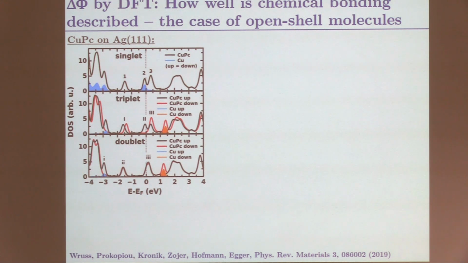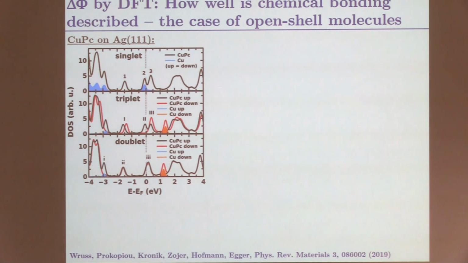It becomes really complicated once you go to metallic surfaces like silver or copper, where a charge is transferred to the molecule. Now I have an open shell system, and in principle, multiple electronic configurations are possible because now I have an extra electron, if you like, in my copper PC molecule, and the question is, where is that electron going, and which configuration is the most likely one?